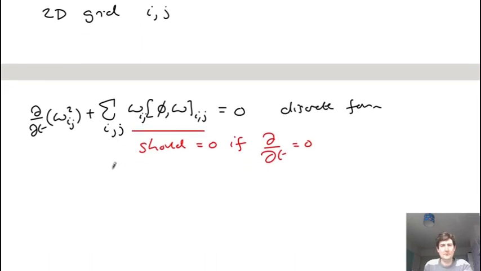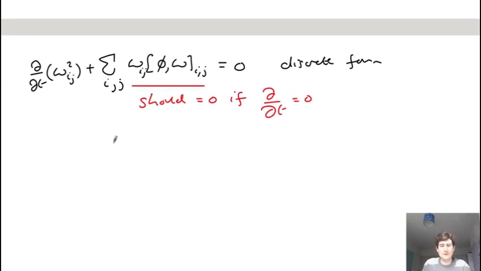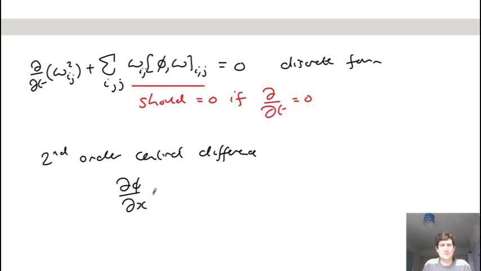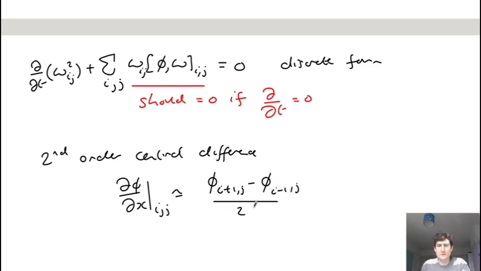A simple way of doing this would be to write a second order central difference. So writing down, say, d phi by dx at a location ij would be roughly equal to phi at the next index in x minus phi at the last index in x, so this is i plus 1 and i minus 1, j, divided by 2 delta x.